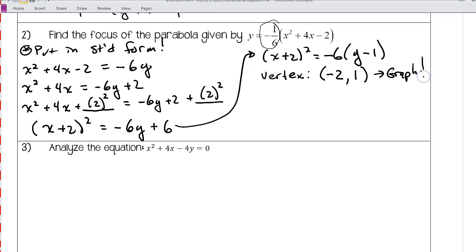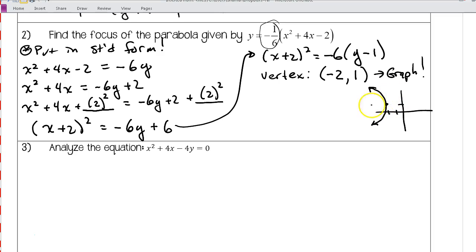So I know that I have -2, 1. And since p is negative, this is my 4p in the front. We'll figure out what p is in a minute. But since p is negative, I know it's going to open to the left. So we're going to open this way.